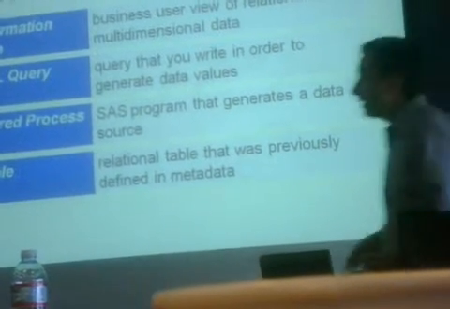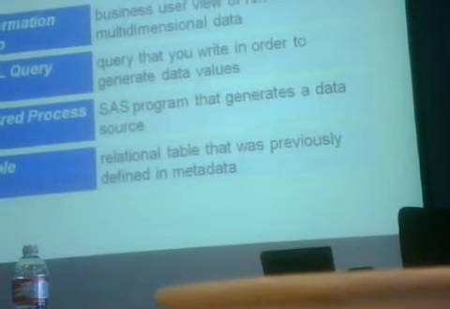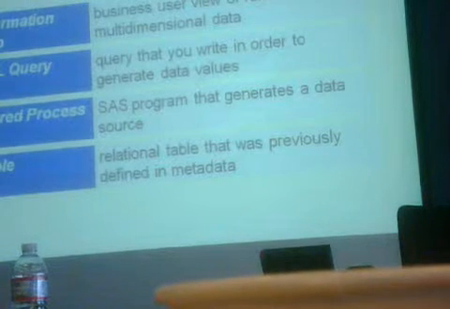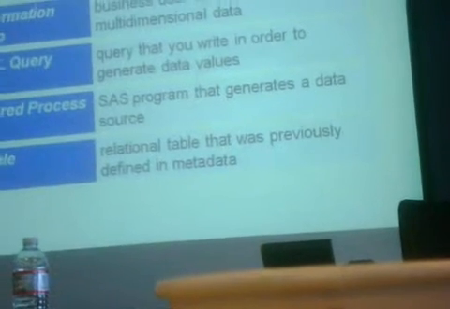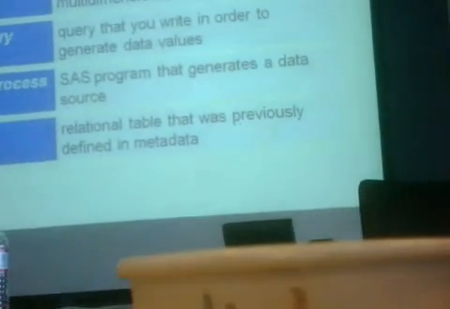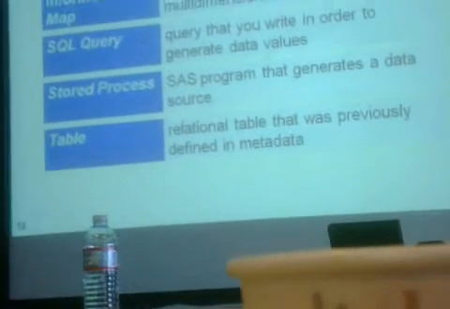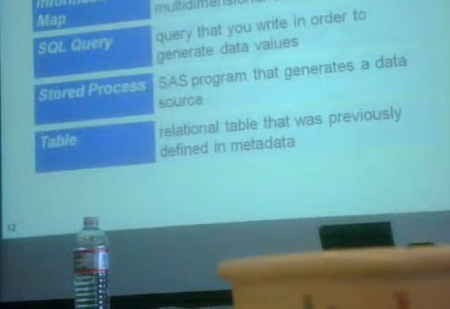All right, now the indicator data. One thing we tell you here is it can be a lot of different types of data. Okay, it can be an information map. Source data can be an information map, I'll put IM. It can be an SQL query.